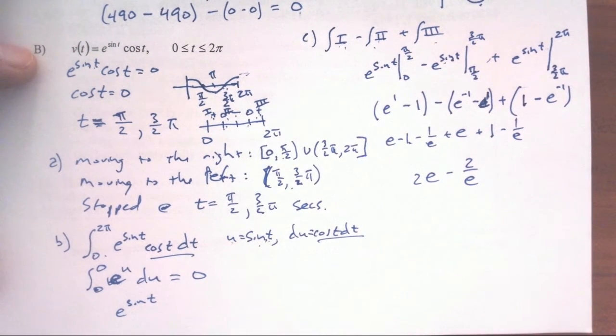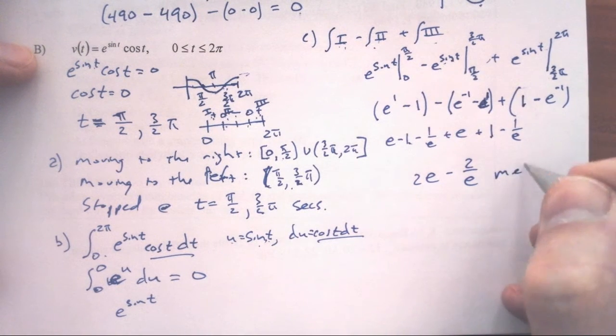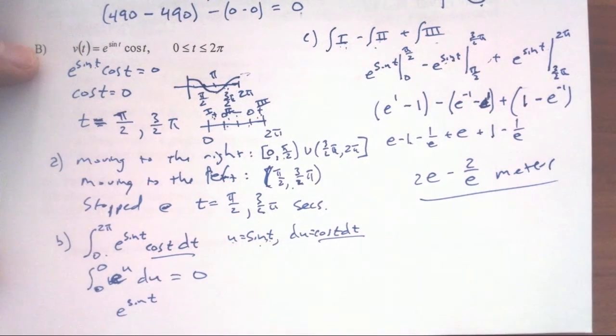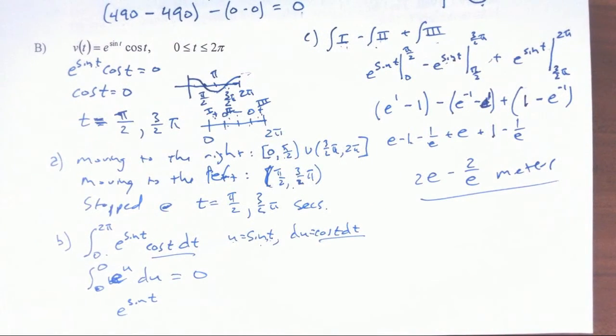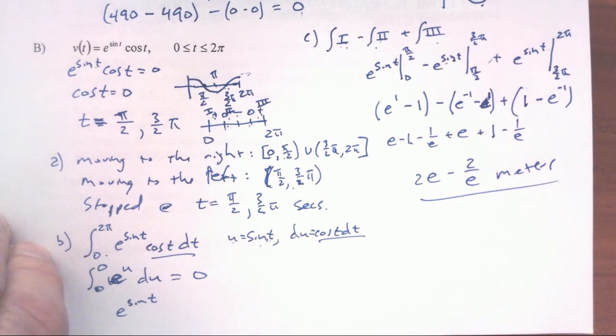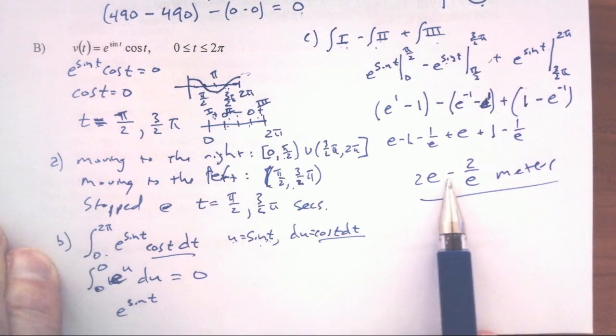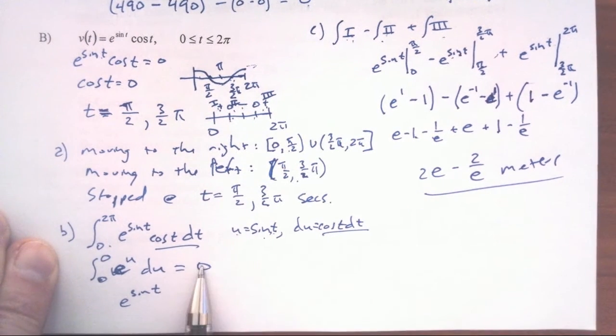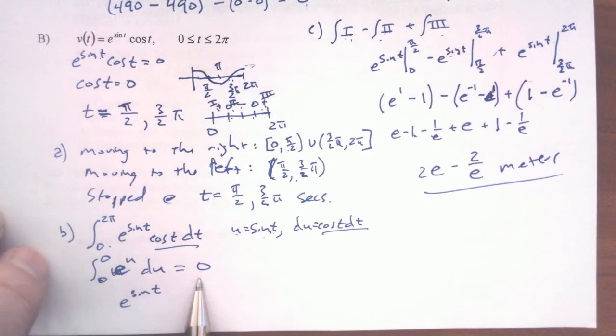Now what are we talking about here? Total distance, that would be meters. Our x has moved a total distance of 2e minus 2 on e, however, has accomplished nothing because he's right back in his or her original position.